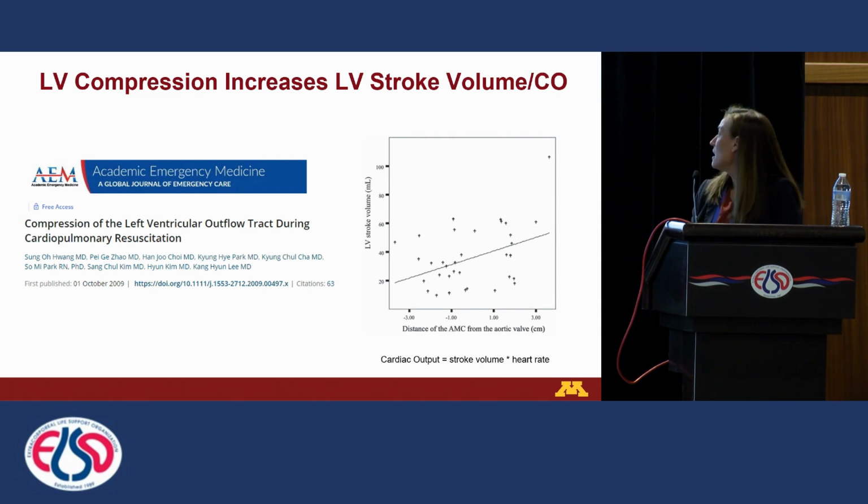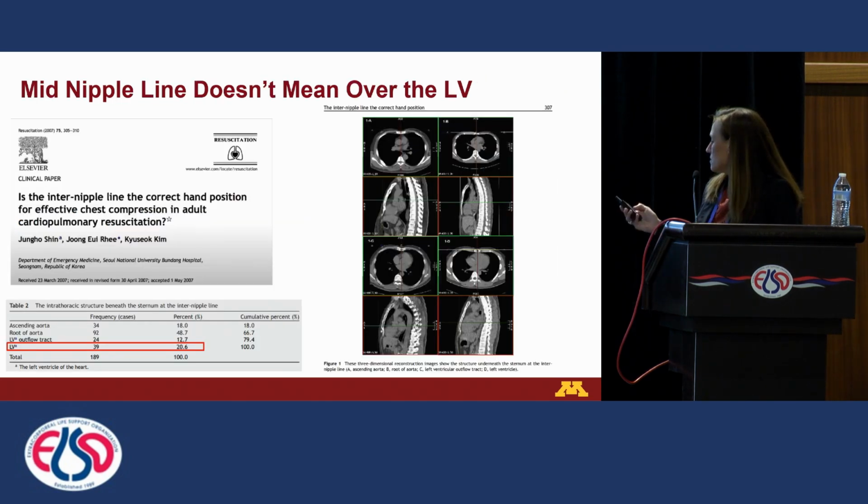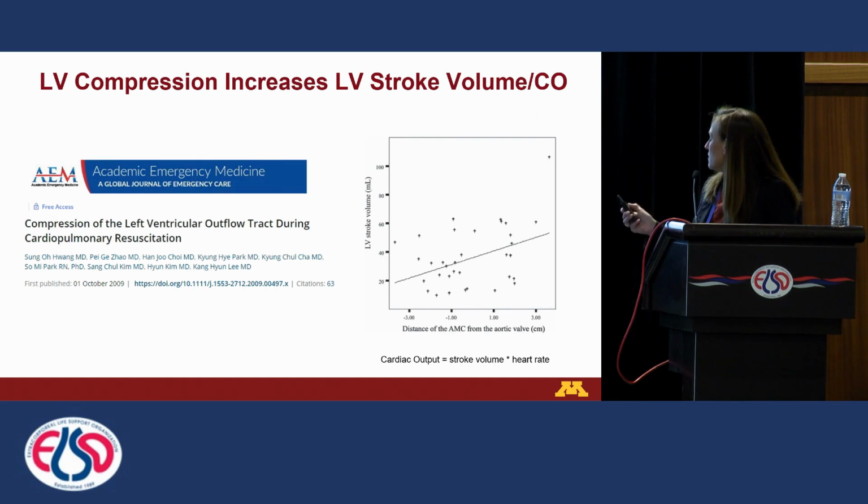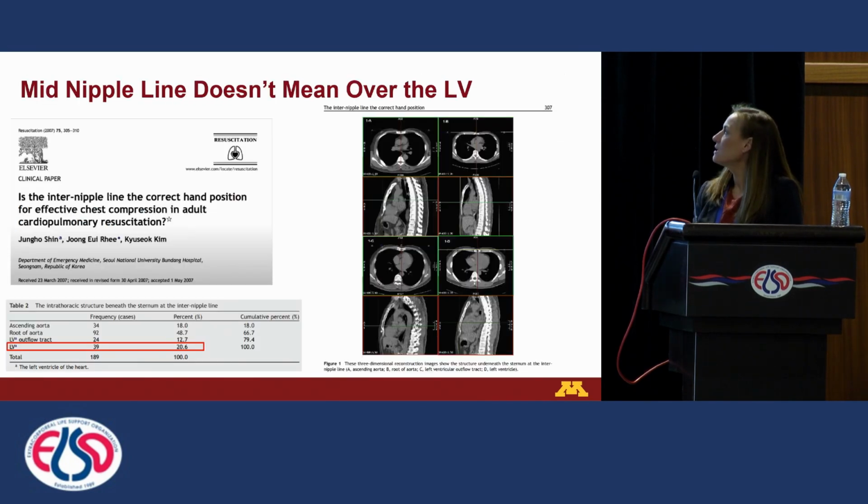And you can see on the right-hand side of the screen that the positive numbers are compressions over the left ventricle and associated with higher stroke volumes. As we all know, stroke volume times the heart rate, or in this case, the compression rate, is directly proportional to the cardiac output.